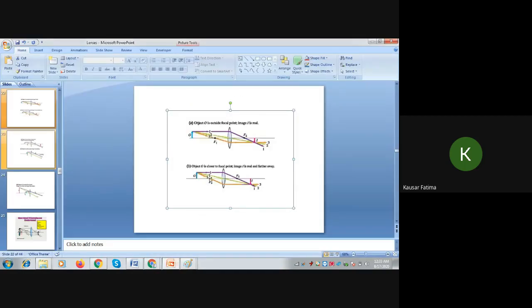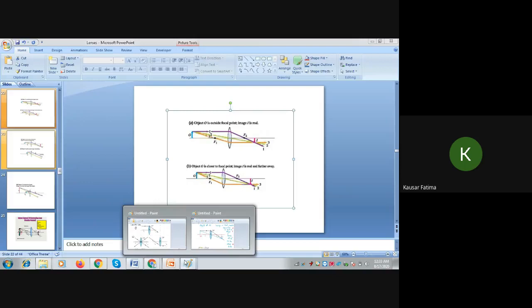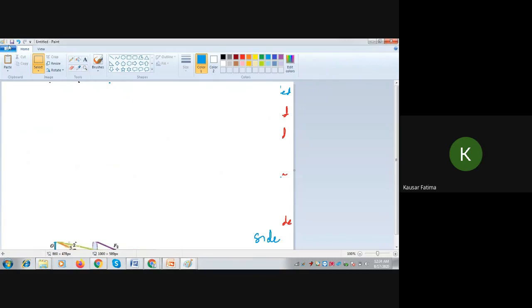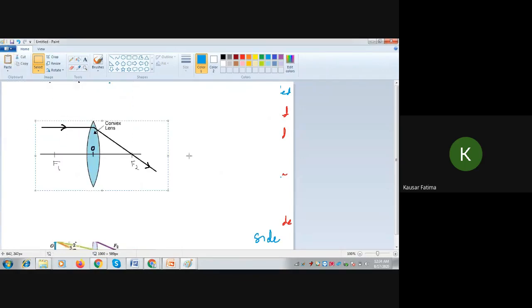So here two diagrams were shown. If you keep on bringing the object close, what will happen? The image will keep on shifting away. Let us draw one more diagram. What if the object is placed between f and 2f?